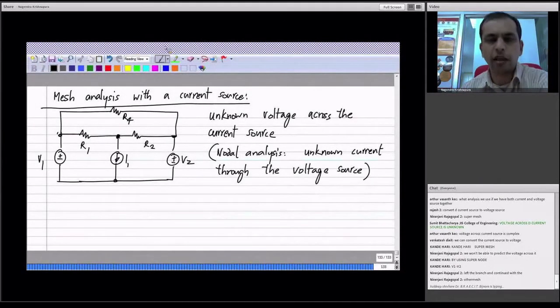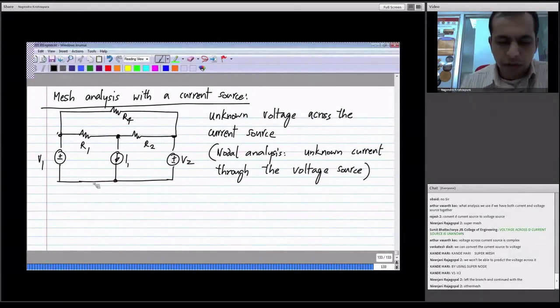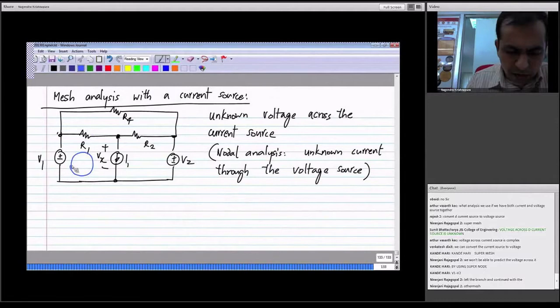Okay, so here the procedure we follow is exactly the same. What we don't know is the voltage across this current source. Let me call that Vx. If I write the KVL equation for mesh number 1, I will have the voltage drop across R1, which is R1 times I1 minus I3, because this is common to mesh number 1 and mesh number 3.